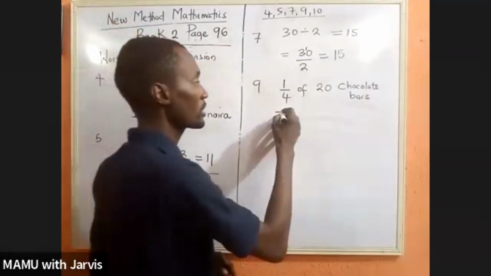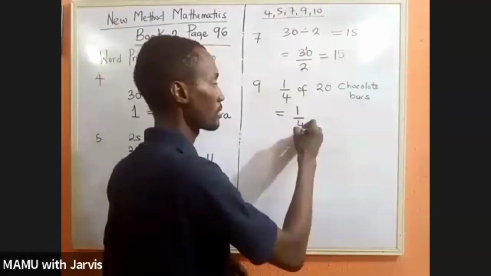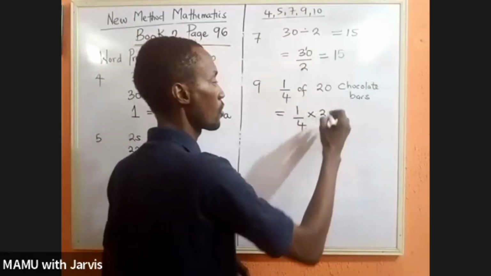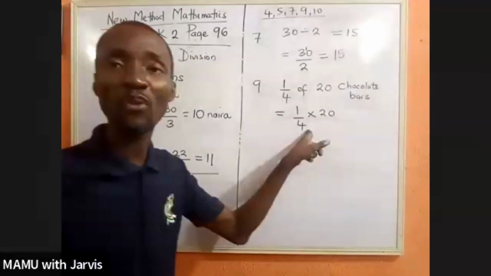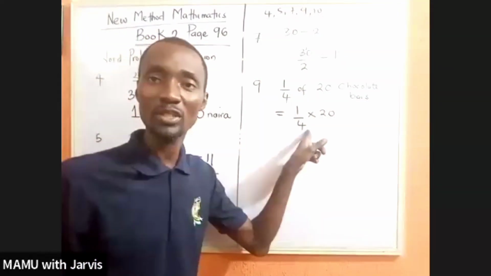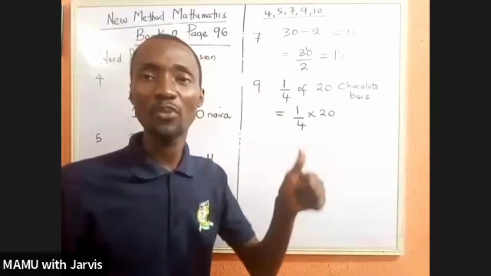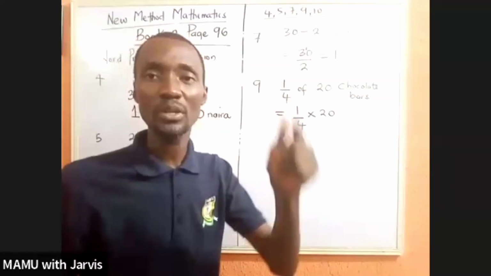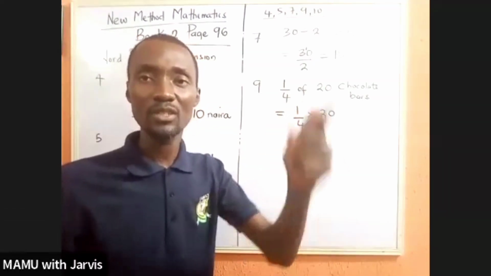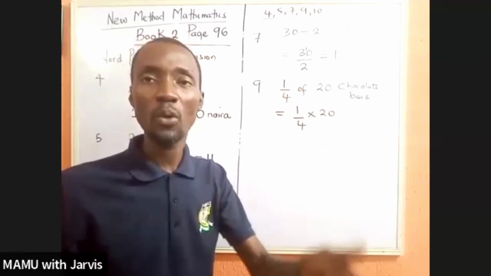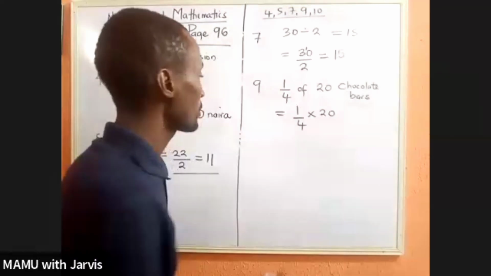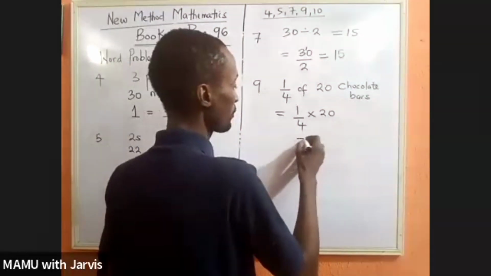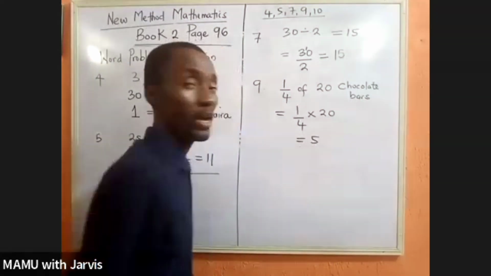This is what it means in maths: 1/4 times 20. So what do you do? You read your 4 times. 4 times 1, 4. 4 times 2, 8. 4 times 3, 12. 4 times 4, 16. 4 times 5, 20. So that means your answer will be 5.